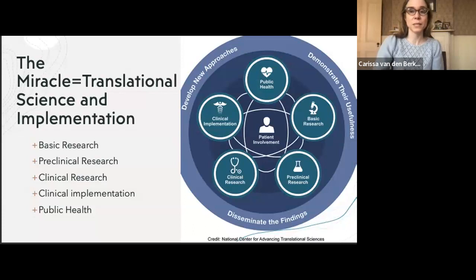The spectrum is not linear or unidirectional, and each stage builds upon the previous stage and informs all the other stages. At all stages in the spectrum, it develops new approaches, demonstrates their usefulness, and disseminates findings. Patient involvement is also a critical feature of all these stages.